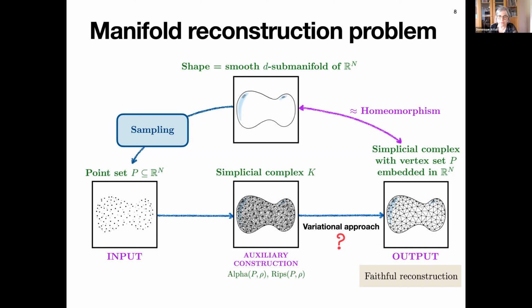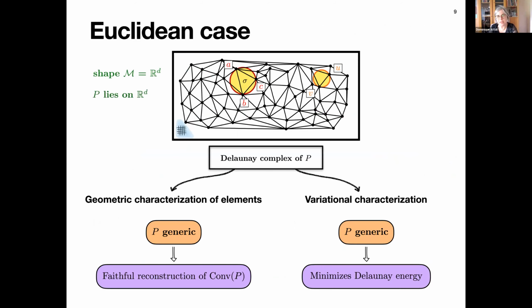So for this, we are taking inspiration from the Euclidean case. So suppose for a moment that the shape has no curvature, is a d-flat, and that the points lie on that flat. Then we know how to build a faithful reconstruction of the convex hull of the points.